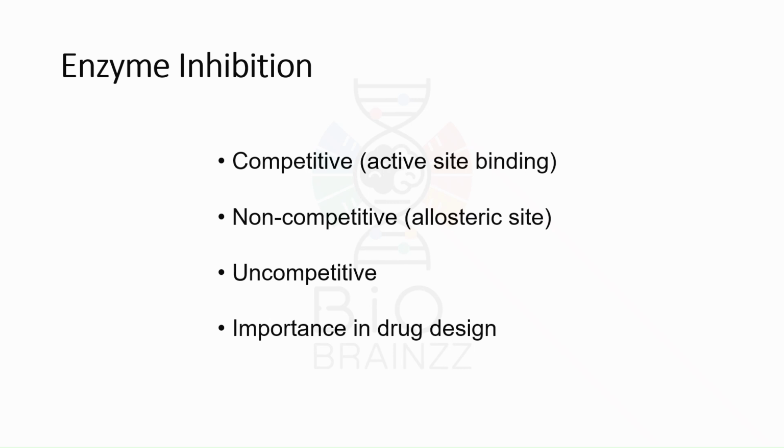In competitive inhibition, the inhibitor binds to the active site and competes with the substrate. In non-competitive inhibition, the inhibitor binds to a different site, affecting enzyme function without blocking the active site. Uncompetitive inhibition binds only to the enzyme substrate complex. Understanding differences between these is very important for MCQs.